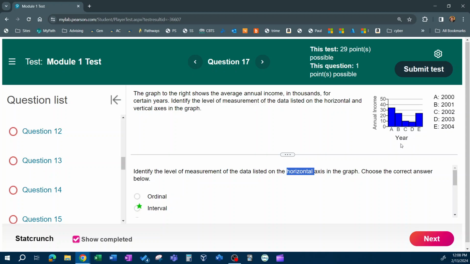In this case, that data is a year. Years are interval data. Years and temperature are interval data. If you look at the notes or the videos, those specific types of data are interval because there's no inherent zero. So review that. And then the data on the vertical axis is annual income.